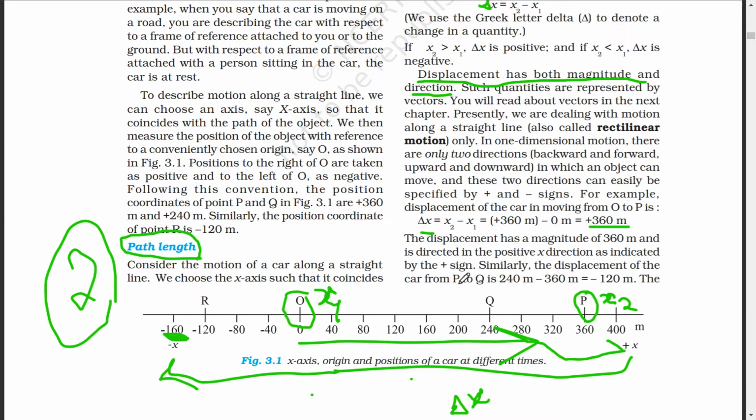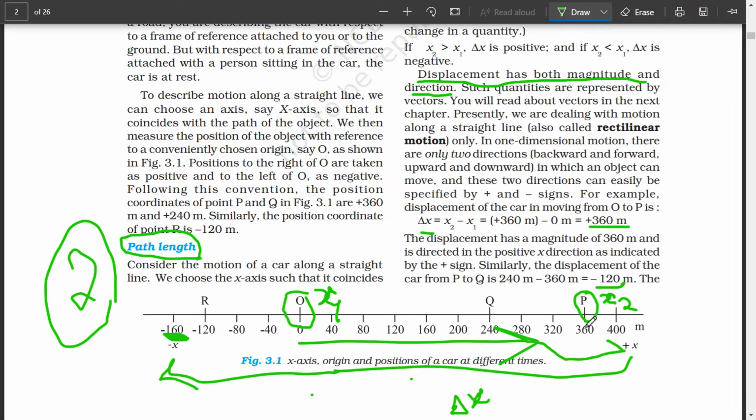Similarly, the displacement of the car from P to Q is 240 minus 360 equal to minus 120. Now what happens here? Why is there a negative sign? Because displacement cares about where the body is moving, right? It cares about in which direction it is moving. Whereas distance doesn't take care of the direction in which the body is moving.